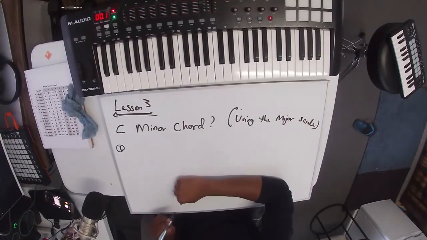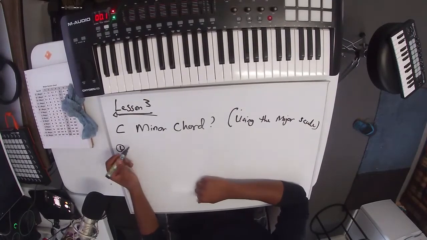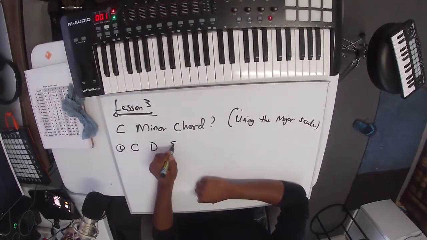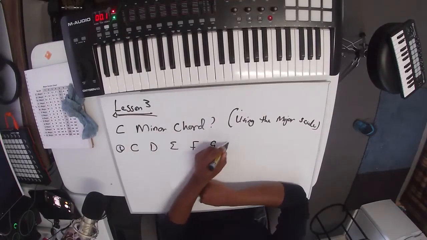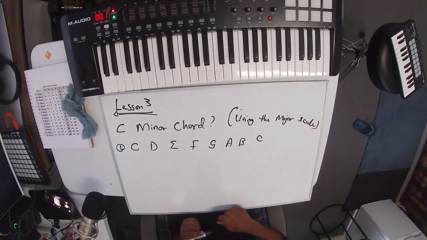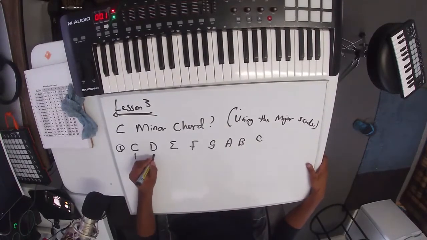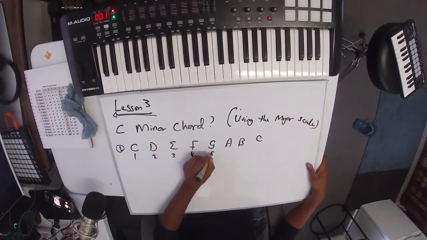We're going to be using the C major scale. What is the C major scale? C, D, E, F, G, A, B, C. Each note of the scale is given a number, 1 2 3 4 5 6 7 1.